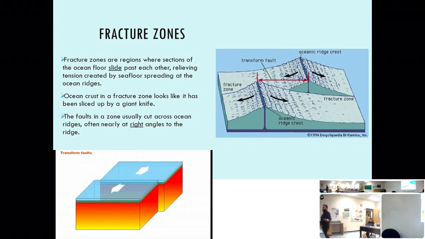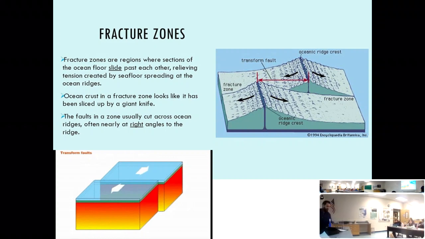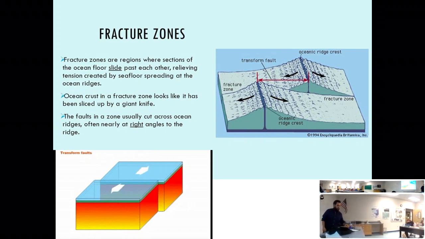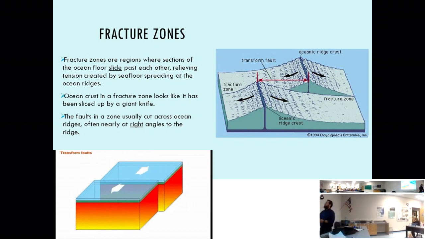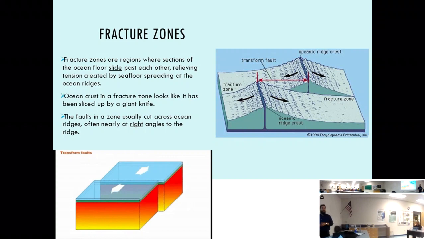So another thing I wanted to show you are fracture zones. So this is number what? Okay, yeah, 15. One thing I wanted to point out is that not all spreading ridges are equal. Some of them spread faster, some of them spread more slowly.